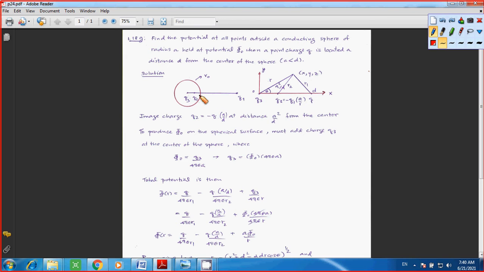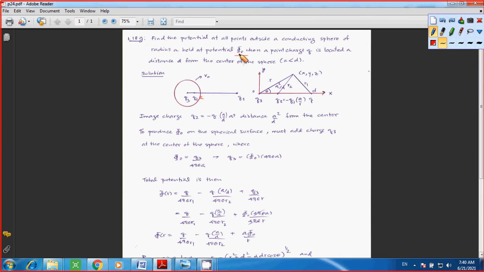For the problem, in general, you have the point charge q, and it's easy for you to find the potential at the point charge q1. But for the problem, they have conditioned that at the surface of the sphere, the potential is equal to phi 0.